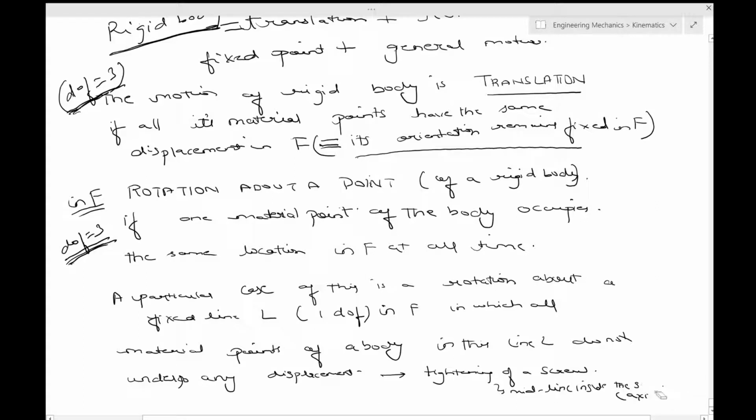That's a better example. So fan, rotor. There is rotation about the axial line of the rotor of the fan, and you can see that the material points in this line will not actually change. This is clearly degree of freedom 1 because you require only one variable to define this.